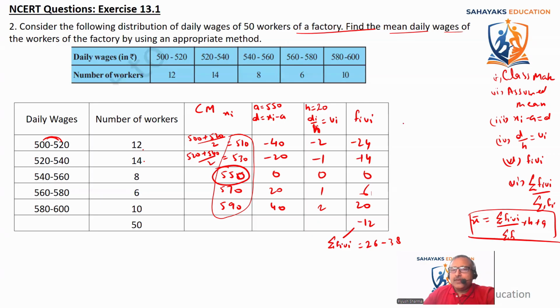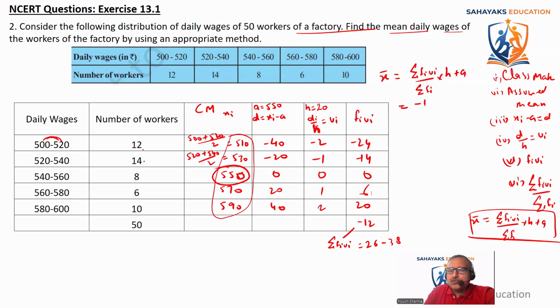Minus 12. Now we're going to compute the x bar. X bar is equal to sigma fi ui divided by sigma fi, multiplied by h, plus a. So let's find out the value.